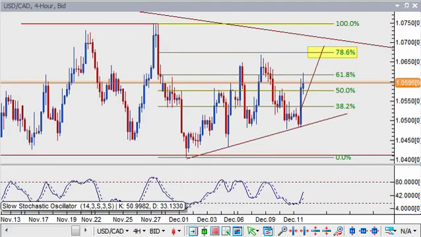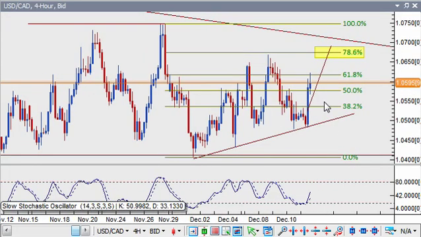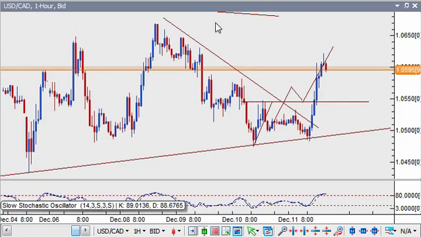The next pair is the US Dollar Canadian Dollar pair, and we see that since yesterday testing the support, the market has rallied, and in the morning there was a post that talked about this break and a possible throwback, back to this area as support.